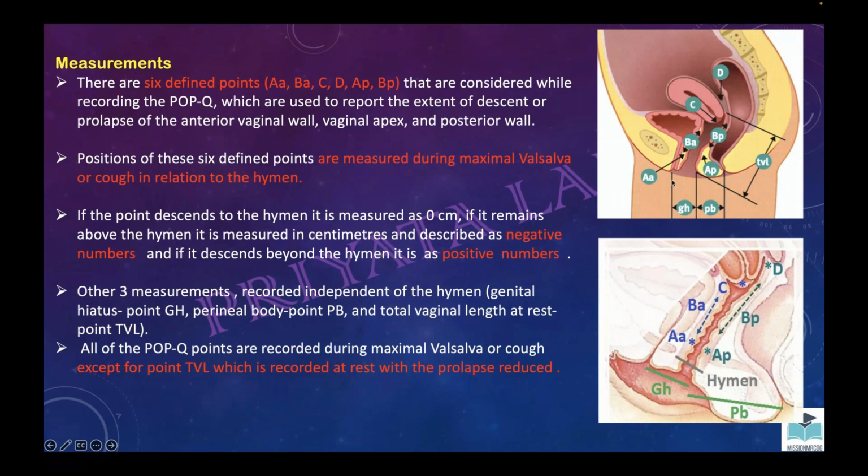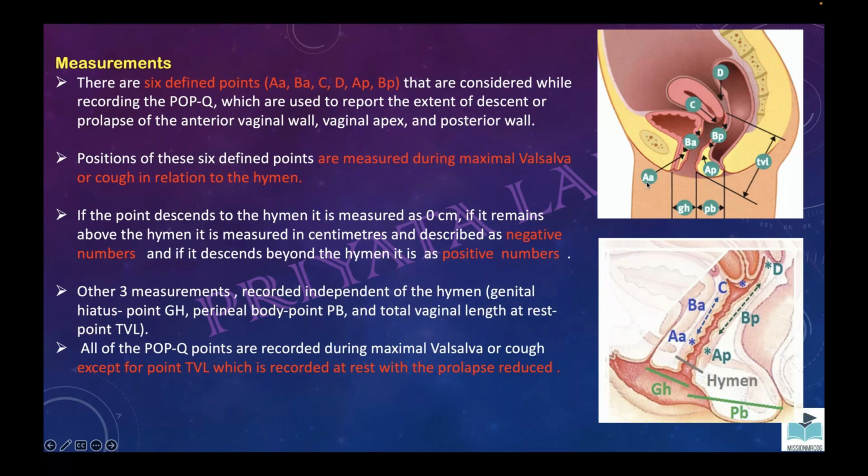So this is point Aa. And what is Ba point? Ba point is the most distal part of the anterior vaginal wall, and C would be the cervix. Okay, so these points, Aa, Ba, and C, are put in the upper part of the grid.